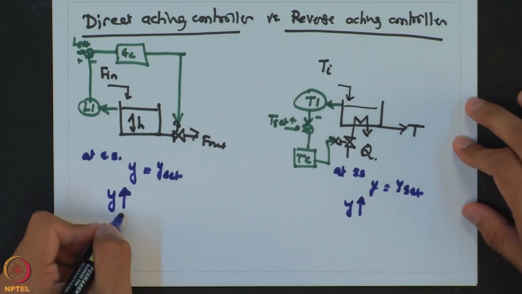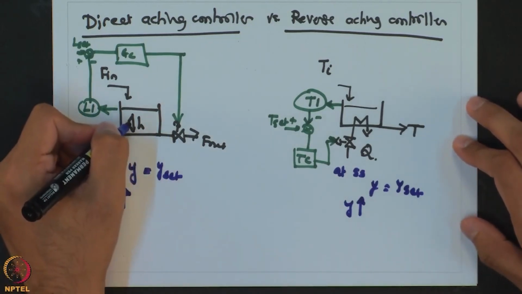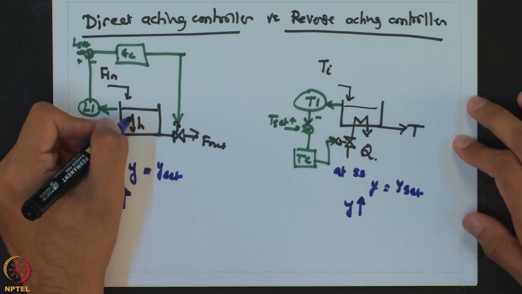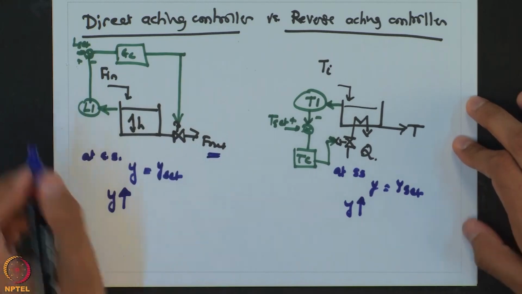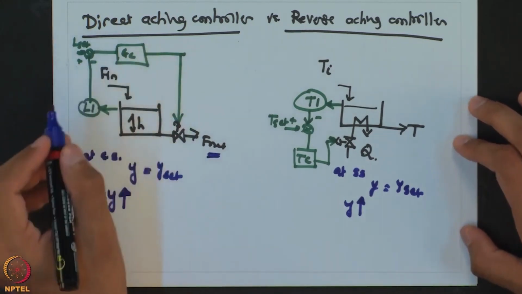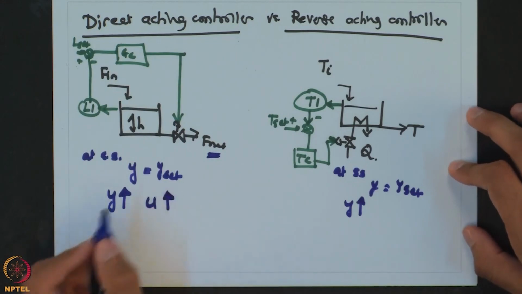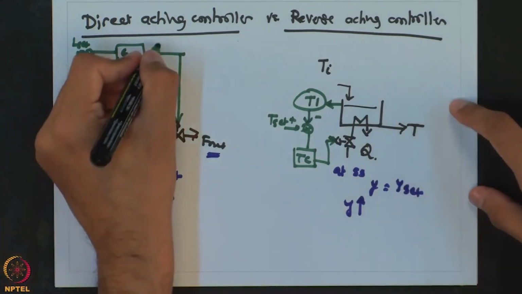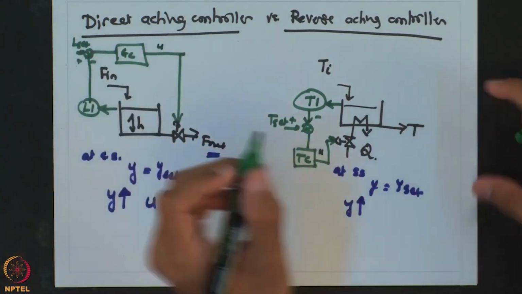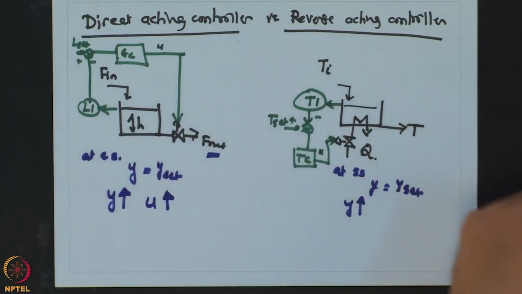In this case, as y increases, which means the height inside this tank increases, what is the control action that is needed to maintain the level? That your outflow should also increase, which is the same as the controller output should also increase. If I represent u as the controller output, then it has to increase when my height increases, which ultimately results in increase in F out.